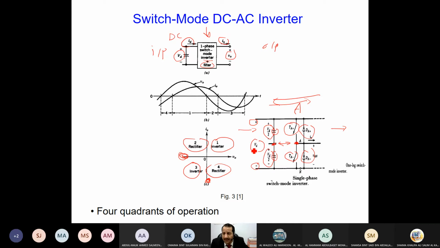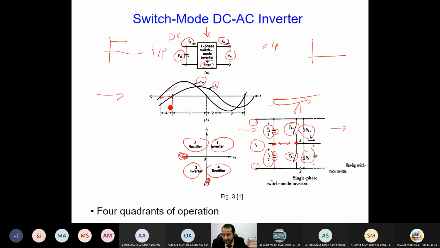Now, let me jump to the output directly. My input here is DC. How does my output look? This is my output. The output voltage is sinusoidal, as you can see here, and the output current is sinusoidal, definitely with a phase shift between them.